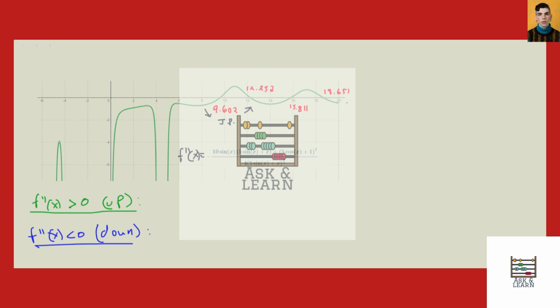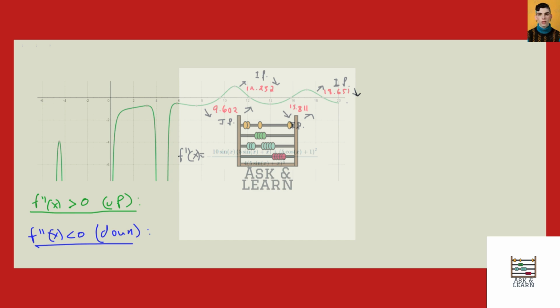To the left of 12, it should be concave up, and to the right, it's concave down, so this is also going to be a point of inflection. Around 15.8, it is concave down to the left, concave up to the right, so we have another point of inflection. And our last one will be concave up to the left and concave down to the right, so that will also be a point of inflection.